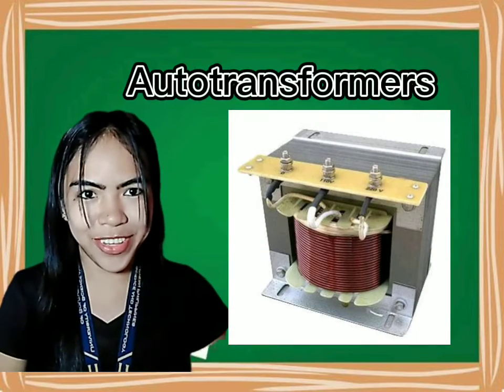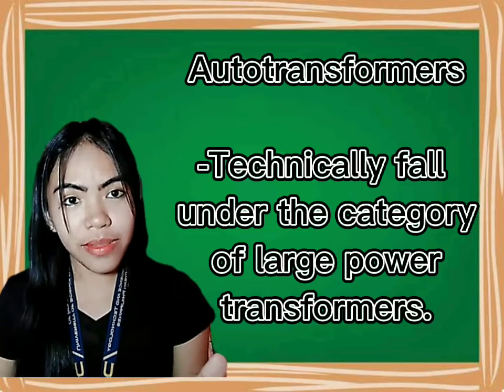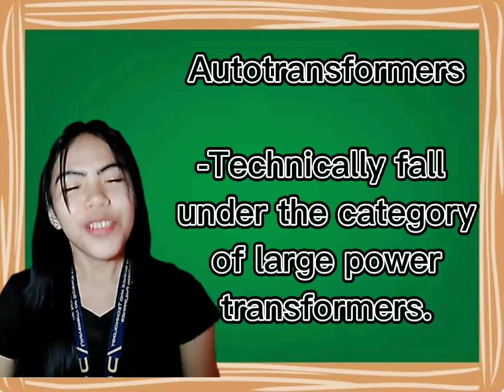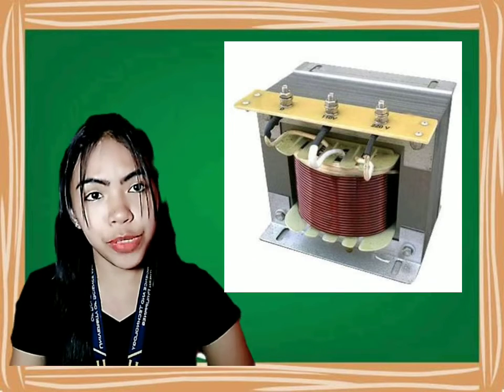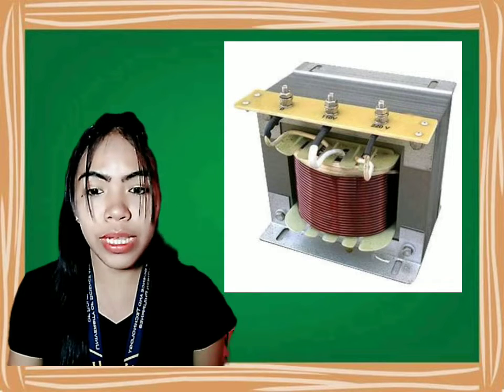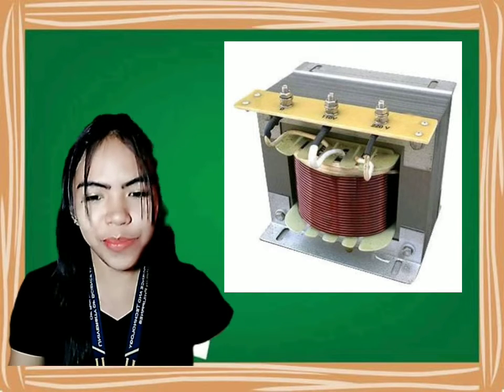Let's proceed to the second type of transformers, which is the auto transformers. Auto transformers technically fall under the category of large power transformers, but these are generally used as transmission intertie transformers, which can be used in either step-up or step-down mode.